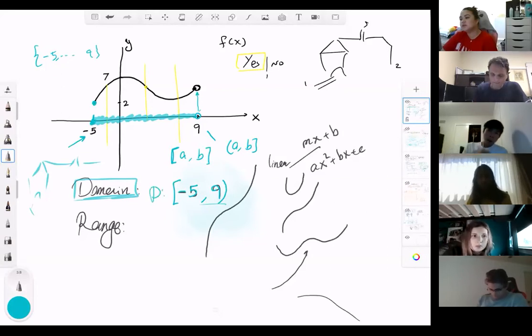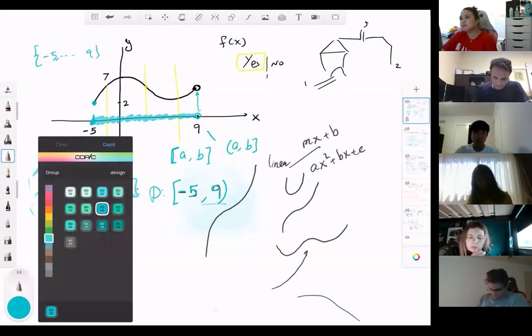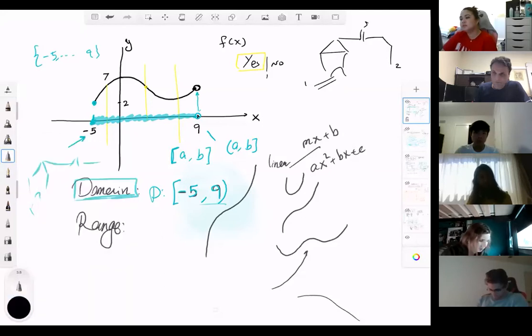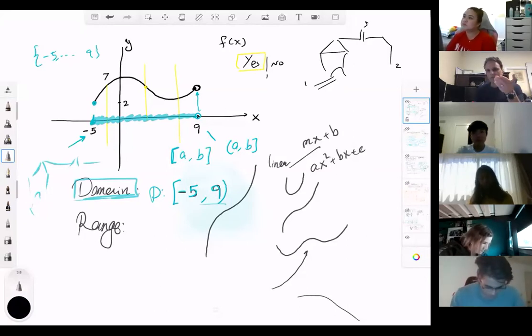Domain is this. And if you want to write it as an inequality, which depends on your question, again, your homework, quiz, and exam, you need to follow what the computer asks you, because you're talking to a robot. If they ask you interval notation, you need to give interval notation.